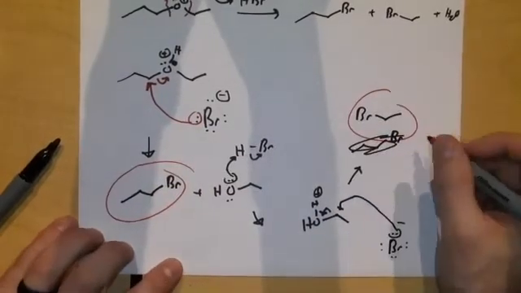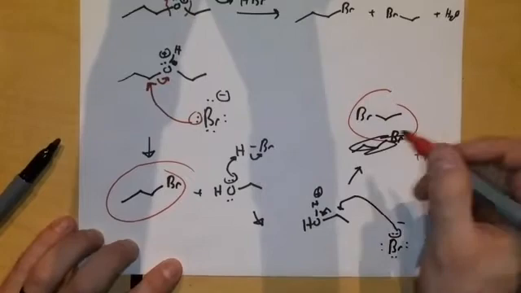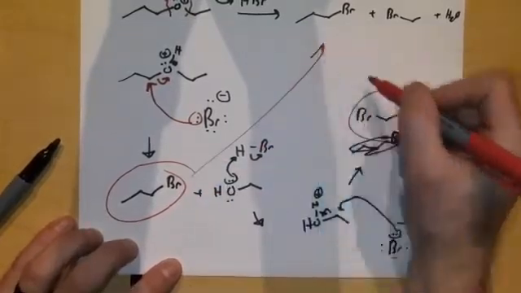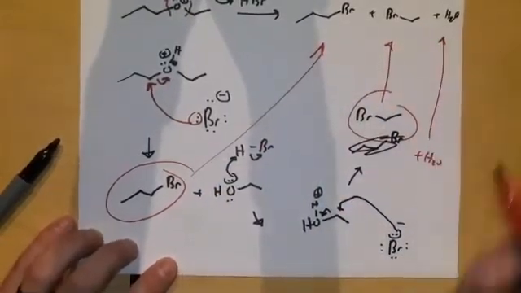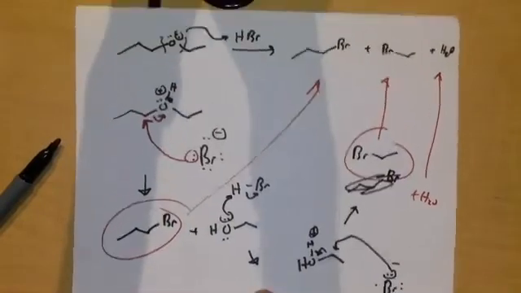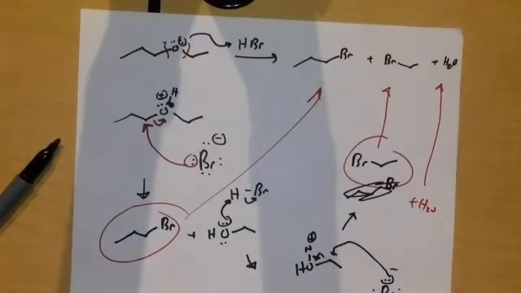So this guy, plus H2O, are going to be our final products. Essentially, our ether just fell apart. We threw in HBr. The water was lost, and we brominated every position there was water on.